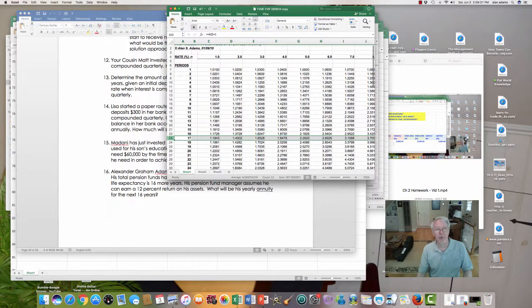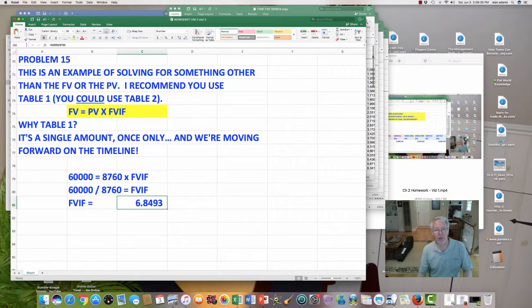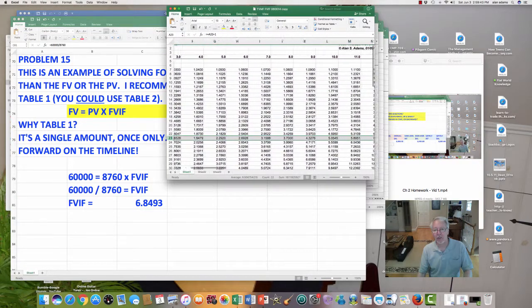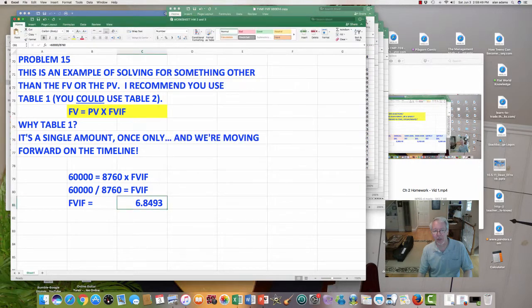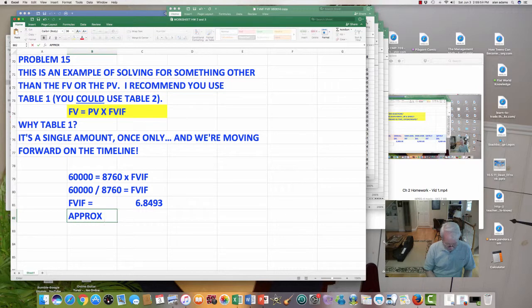Scroll over until we find a number that's close to 6.8493. The closest one I see here is right about there. That is 12%. I'm going to say the approximate interest rate seems to be 12%. That, ladies and gentlemen, is our answer.